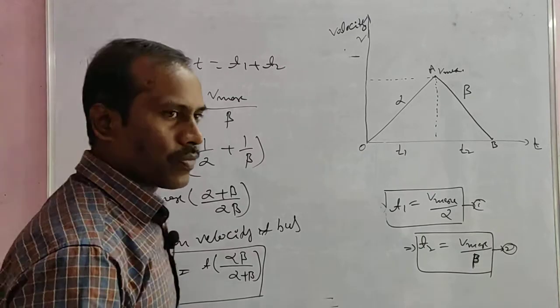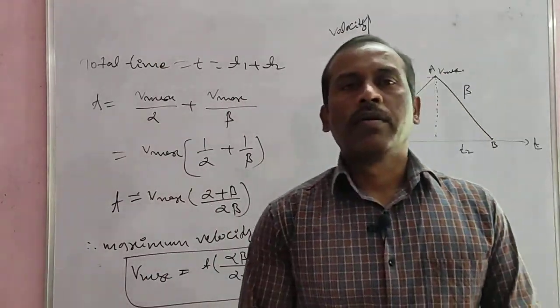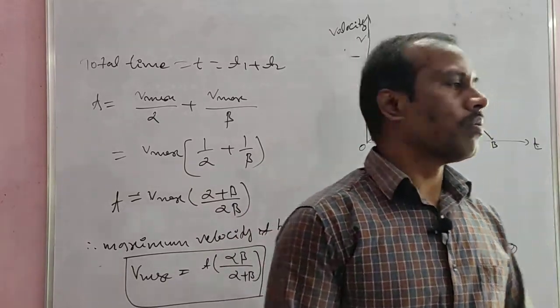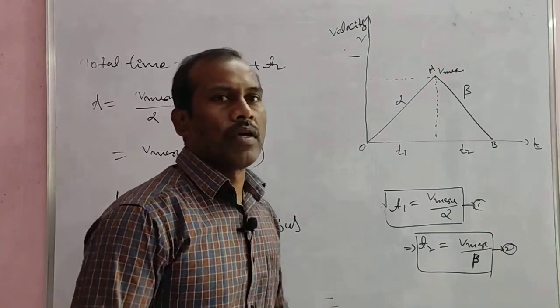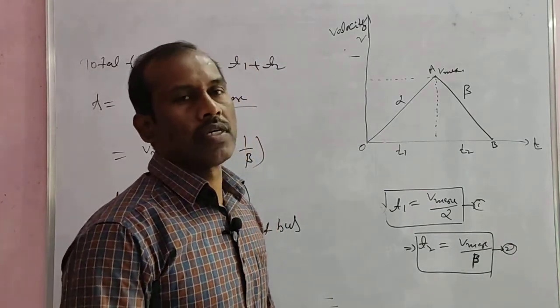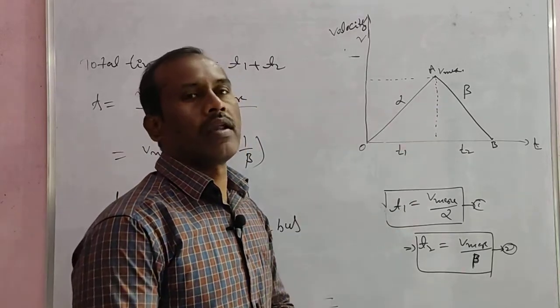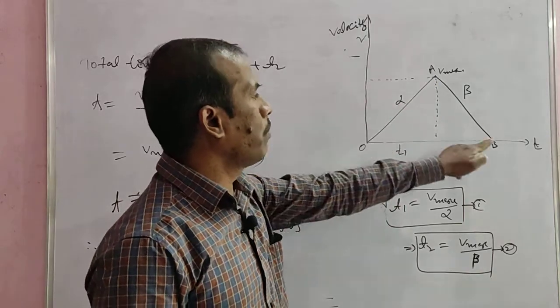Next, the total displacement. From the velocity-time graph, the total displacement is just the area under the curve, that means the area under OAB.